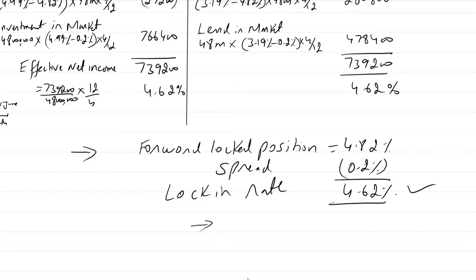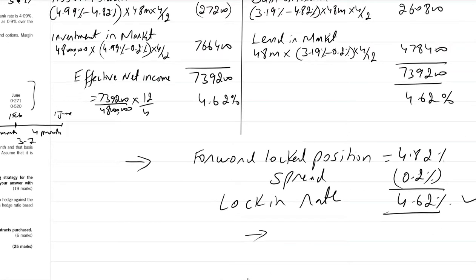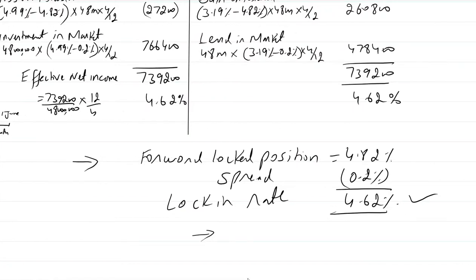So you have two choices to solve this part in the exam. First one is the detailed method. Make 2 columns, write future interest rate on the top, calculate gain or loss on the forward, and then calculate the final interest income if you directly invest in the market. Then calculate the effective interest income, or simply calculate your lock-in rate, like identify that relevant forward contract rate.